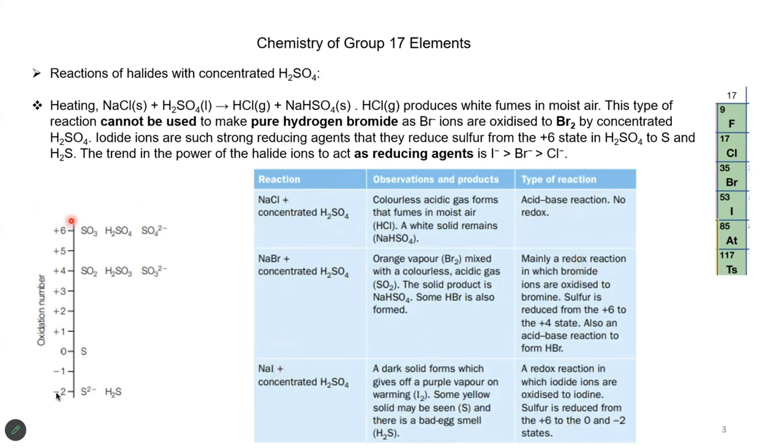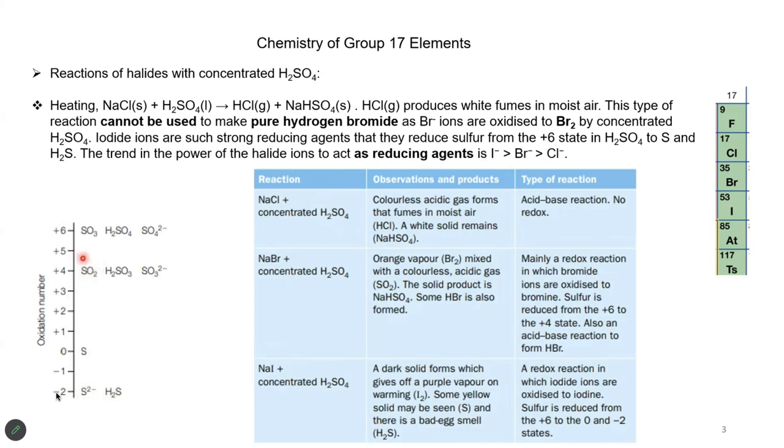Here I have shown the oxidation states of sulfur in sulfur-containing compounds. You know, we said in earlier lectures that every element has oxidation state 0, and its compounds would have a plus or minus oxidation state. Sulfide ion is -2, and hydrogen sulfide also has sulfur at -2.